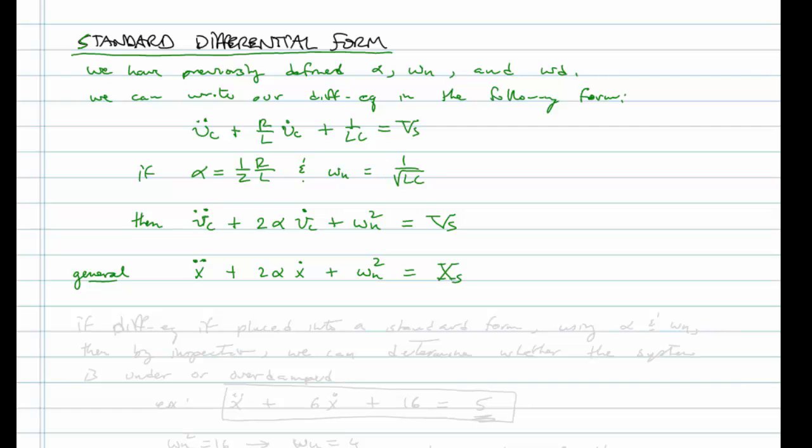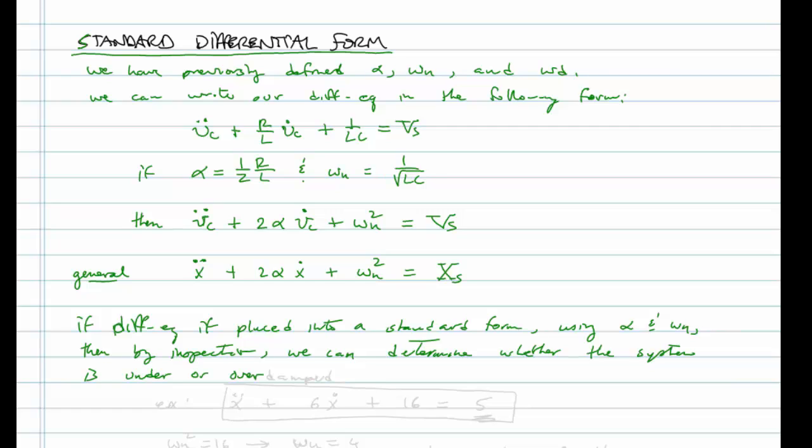But we can already determine whether or not the system is going to be underdamped or overdamped simply by comparing alpha to omega n. So if the differential equation is placed into a standard form using alpha and omega n, then by inspection we can determine whether the system is under or over damped.